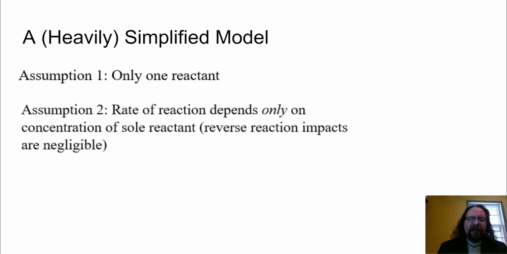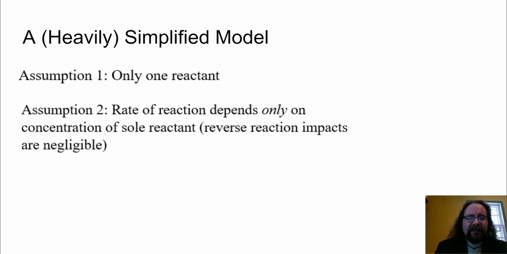Our second assumption is that the rate of the reaction depends only on the concentration of the sole reactant. In other words, there are really no impacts of a reverse reaction. In an actual chemical reaction, you could have the reaction going in either direction at any given time, and when the reaction is pretty much no longer going in either direction, we often say that the reaction has reached equilibrium.